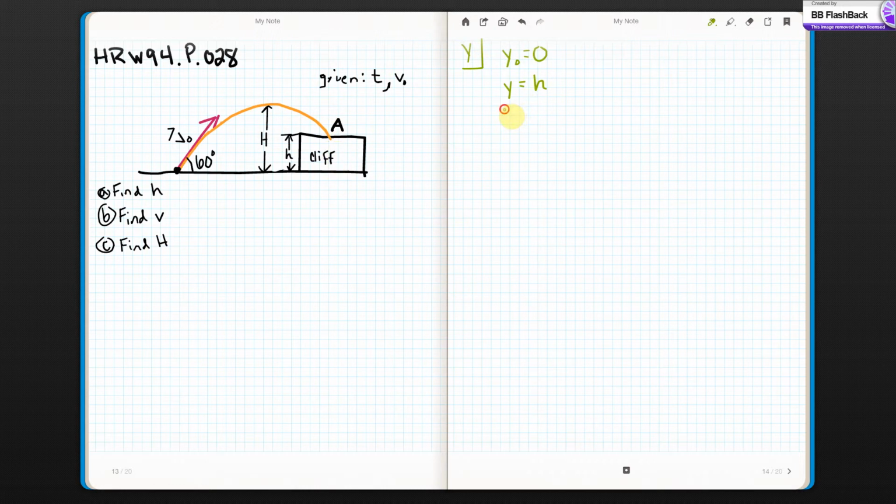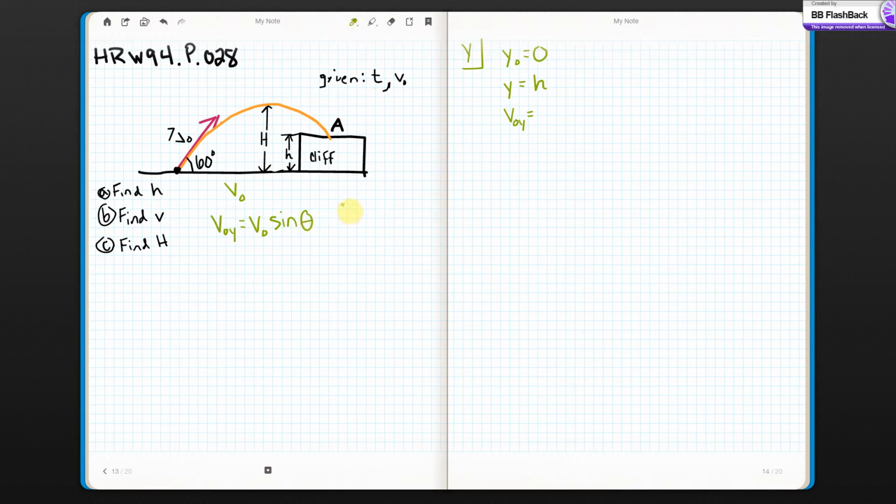Okay, my initial velocity in the Y direction is, well, I've got this number V0, but I've got to break it up. So the Y component is that magnitude times the sine of that angle. Everyone's got the same 60 degrees, so let's just make it a theta.